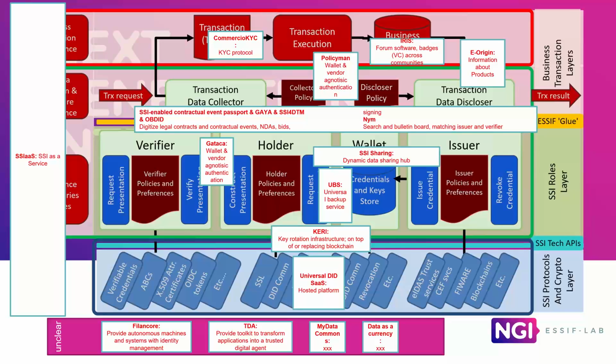But for instance, the ones that we have here in the middle, on the ESSIF glue layer, that is SSI-enabled contractual event passports. And this is the area where the ADAS bridge, for instance, is relevant. But yeah, you see that there are sub-grantees all over this picture.